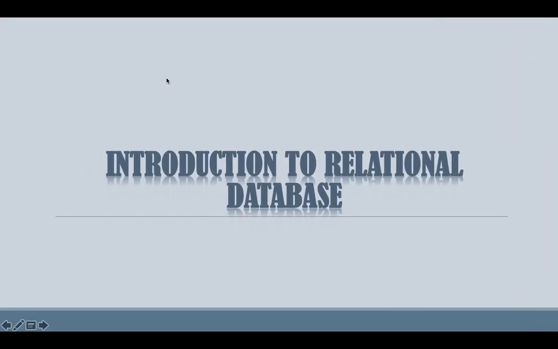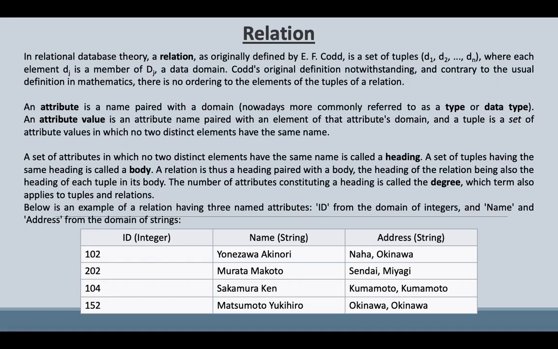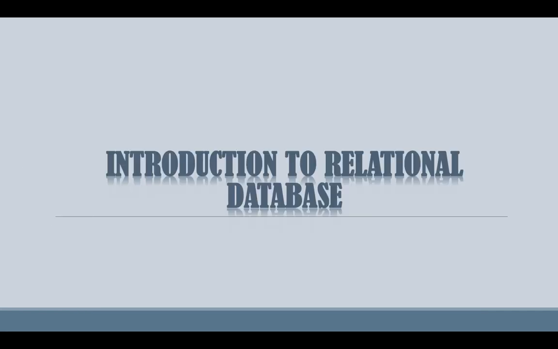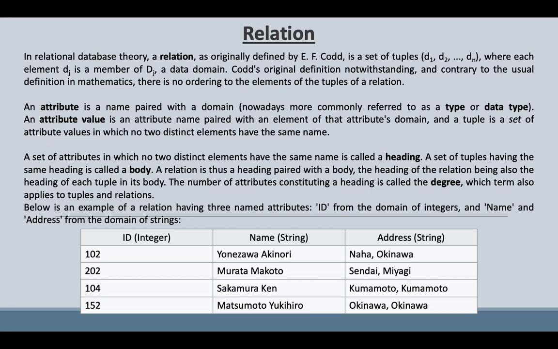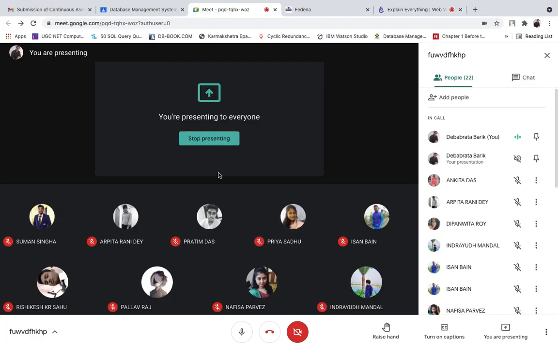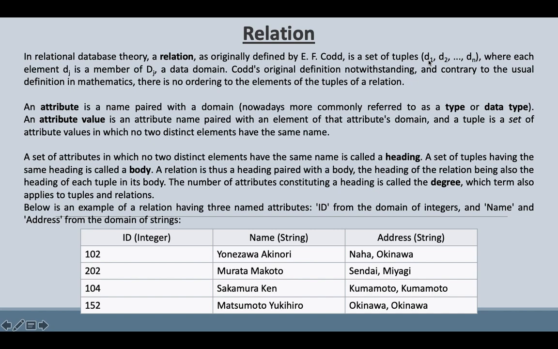So this is the relational database, and that theory is given by E.F. Codd, right? And this is the definition of a relation. So what is it? It is a set of tuples like d1, d2, d3.